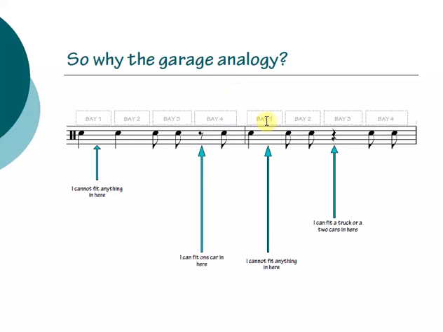So as we move on, once again, as per the first bar, we can't fit anything in here. No cars, no trucks. That truck has got a big trailer on it, which is going to take up that full bar. So then we move to 2. We've got 2 cars in the bay of 2, so that's now full. We can't put anything in there. Now hang on a second. In the 3rd bay, or in the 3rd count, if we're referring to music, we can fit a full truck, because there's nothing in the whole bay.